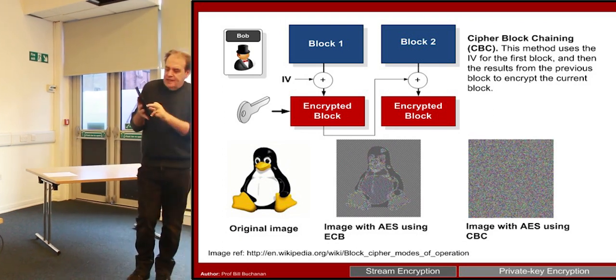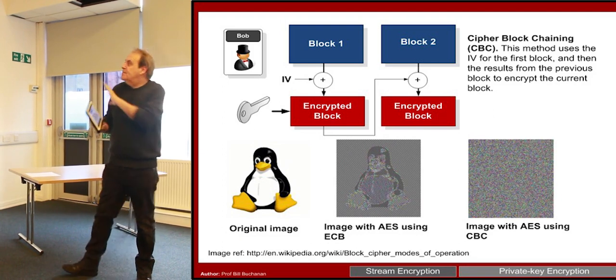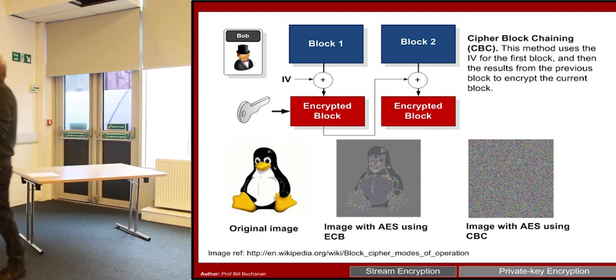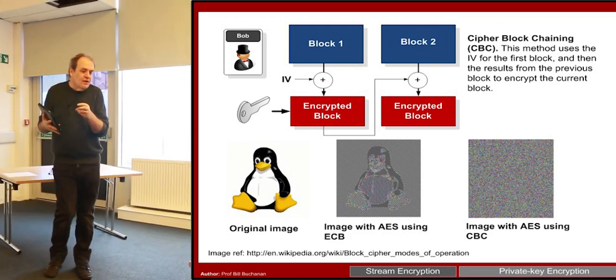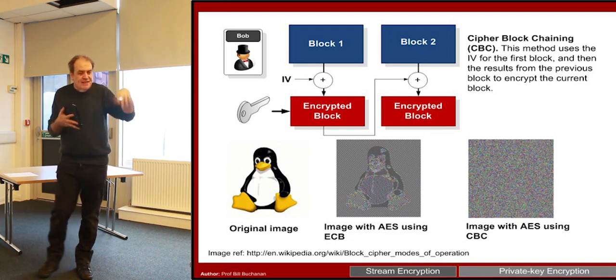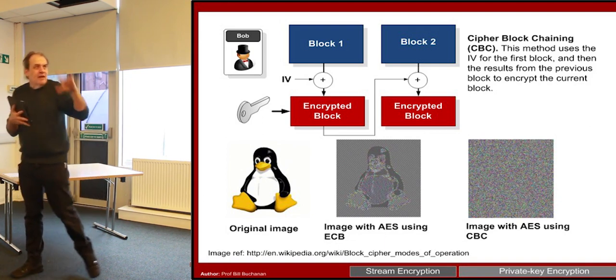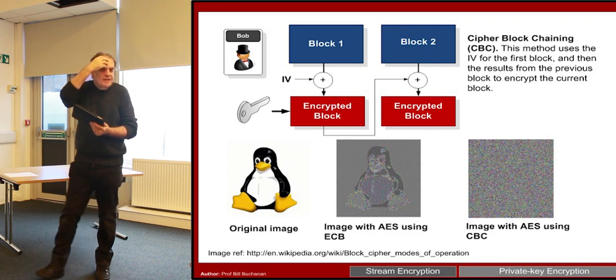If we use CBC here, we can see that what we get is complete noise. An encryption method is measured on whether it looks like noise or not. It's the standard way that you can detect if somebody's using encryption: you measure the bytes, and if it looks completely random, then it's likely that they're either encrypting or doing something else. What's the other thing that they might be doing?